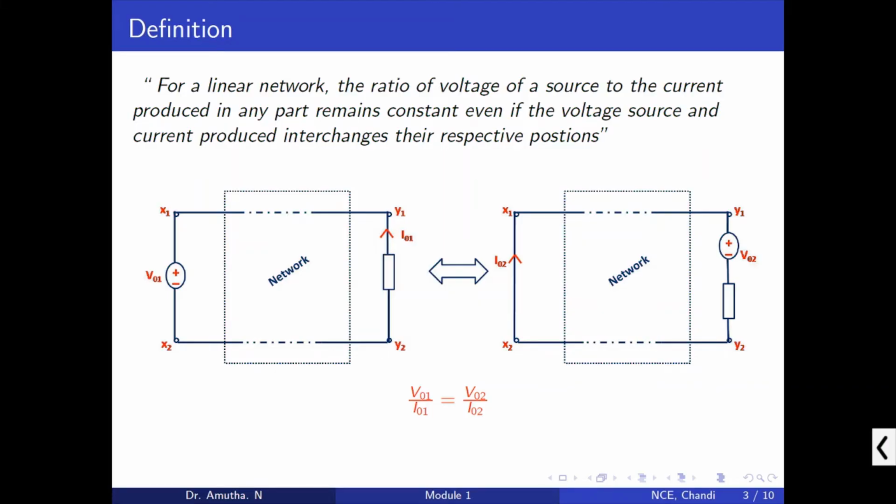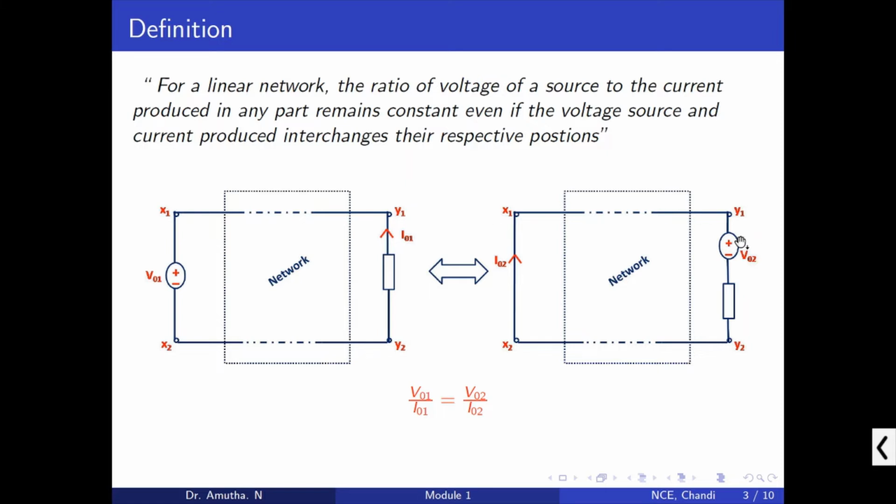Here, whatever the current direction and polarities, we have to maintain the same. Here the polarity of I01 is towards Y1 and this V01 is towards X1. Now we are trying to exchange.